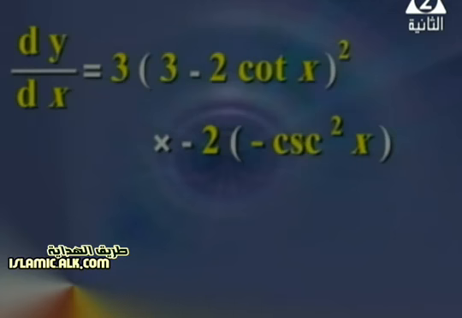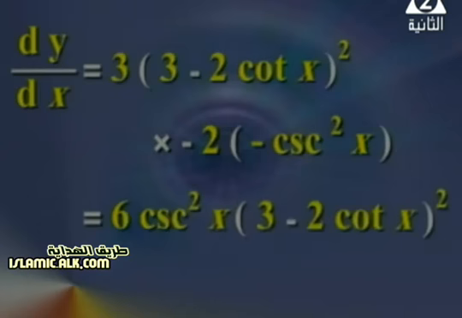What is the differentiation of negative 2 cot x? Negative 2 times negative cosec squared x, multiplied by 3. The answer is 6 cosec squared x multiplied by (3 minus 2 cot x) all squared.